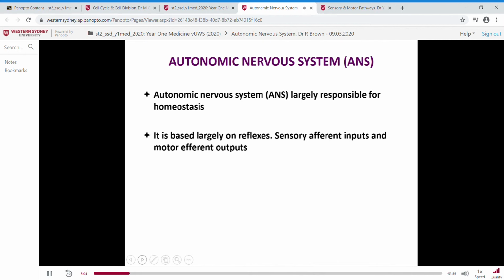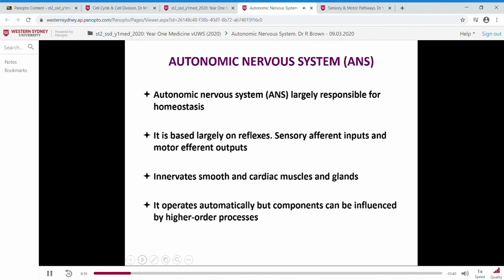It's a complex neural network that controls many elements of the body's physiology, okay? So it innervates smooth and cardiac muscles and glands. So smooth muscles is what lines the blood vessels and the hollow internal organs such as the stomach, the intestine and the bladder. And as I said, it operates autonomically, but components can be influenced by higher order processes, okay?